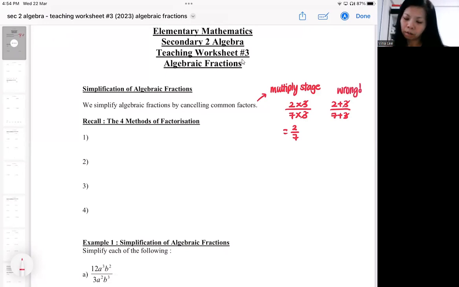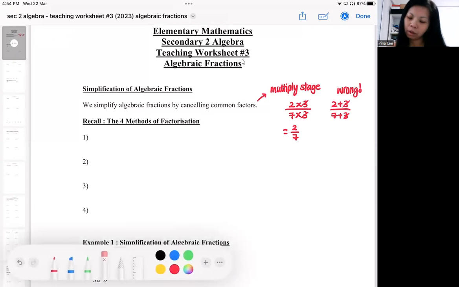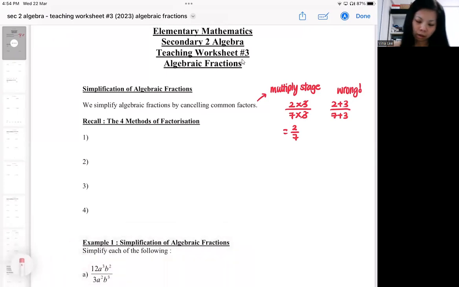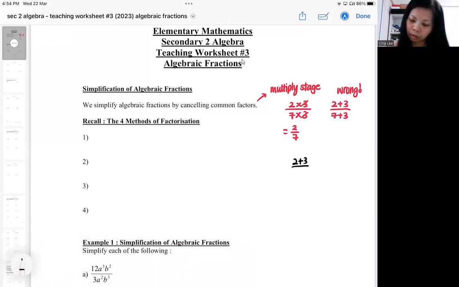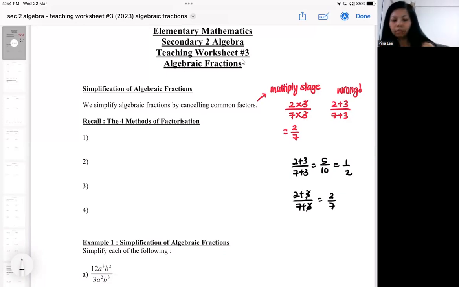So how can you realize that they are not the same value? Let's explore what is correct first. 2 plus 3 over 7 plus 3 is actually 5 out of 10, which is a half. But the student who cancels will get 2 over 7. So it's actually wrong to cancel like this.